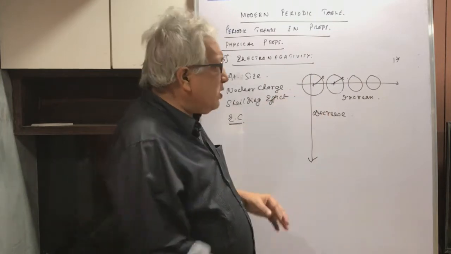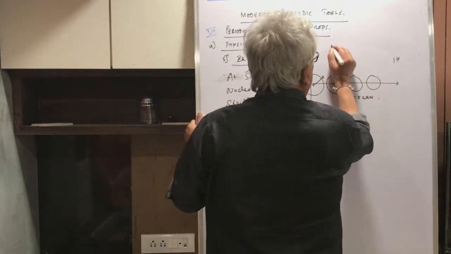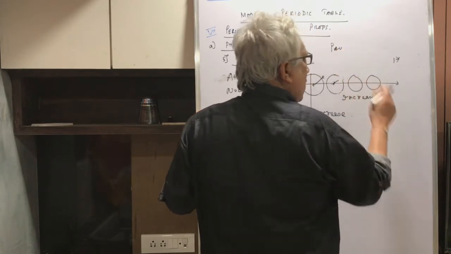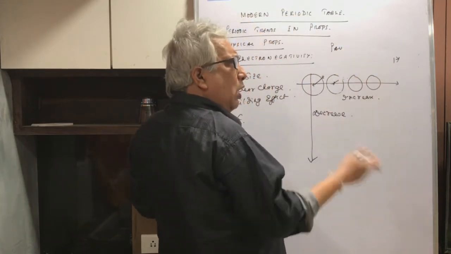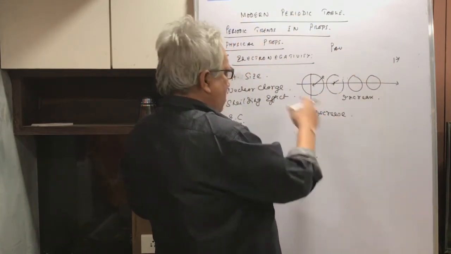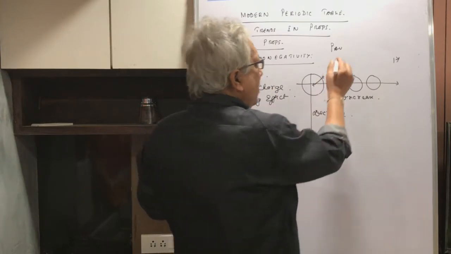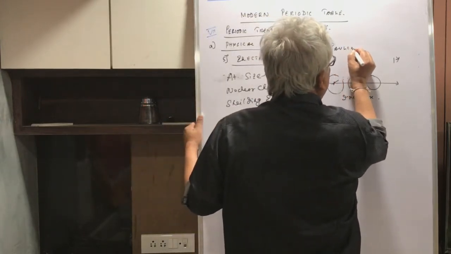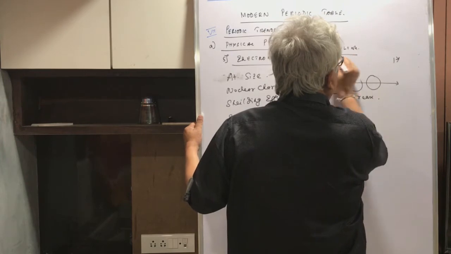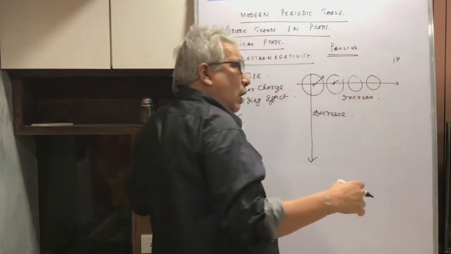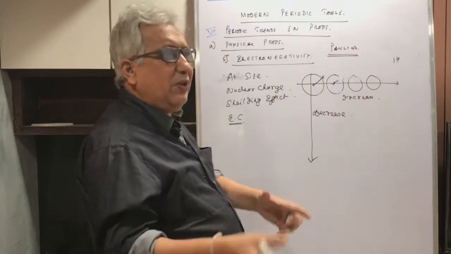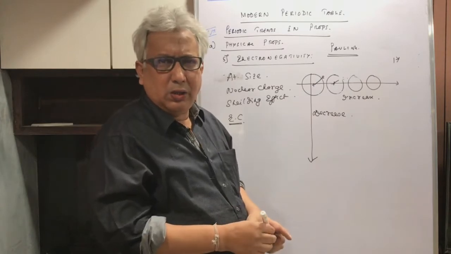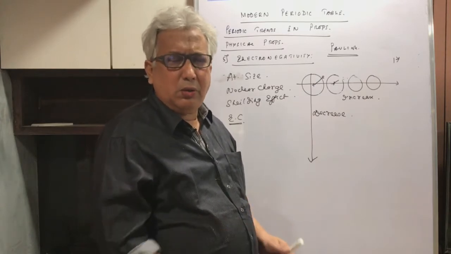Now there is a scientist, Pauling. There are many people, Pauling, Millikan, who all had studied this electronegativity aspect, and it is Pauling who had done a lot of study on the chemical bonding that every atom is involved in.